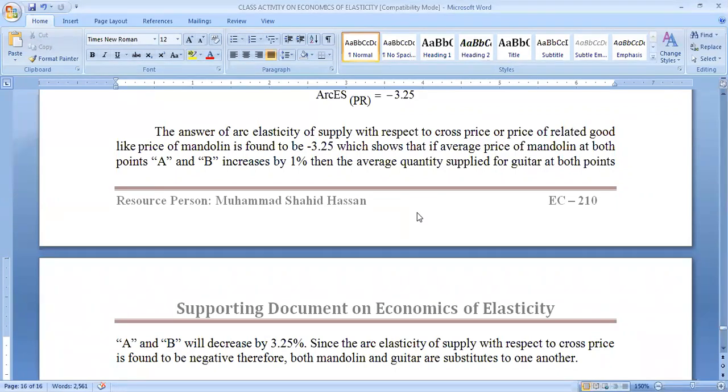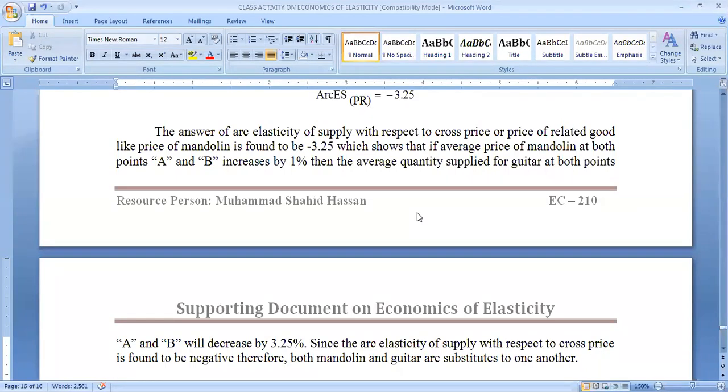So what happens when the price of mandolin goes up? Resultantly, the quantity supply for guitar will come down. Hence, they make a negative relation to one another. The price of one good is negatively associated with the quantity supply for the second good. That is why we can simply conclude that both mandolin and guitar from the music instruments are substitute goods to one another, right?